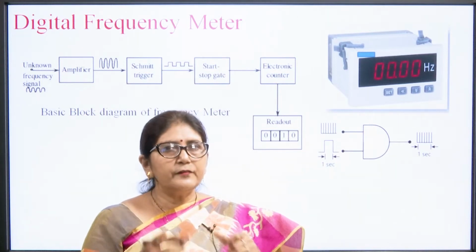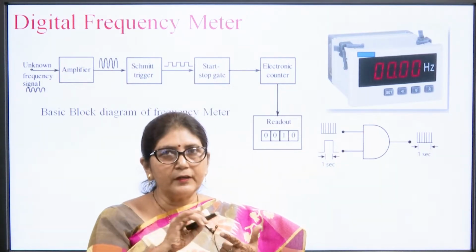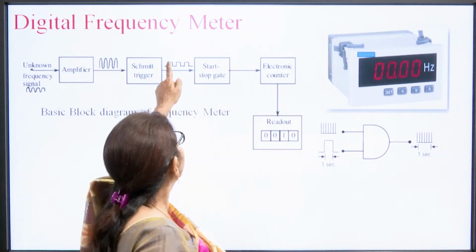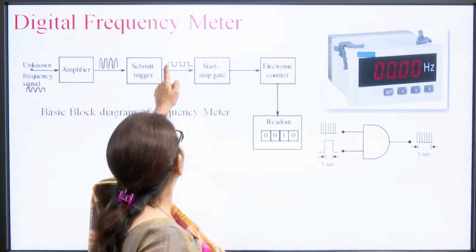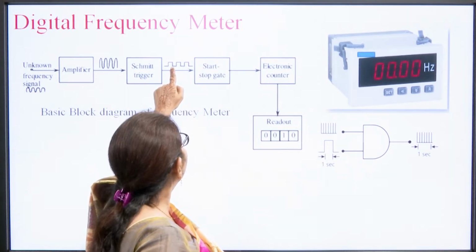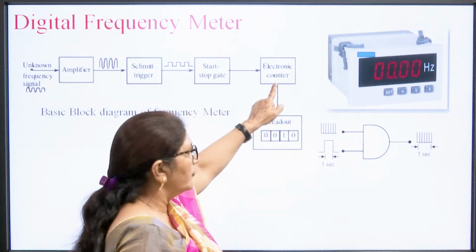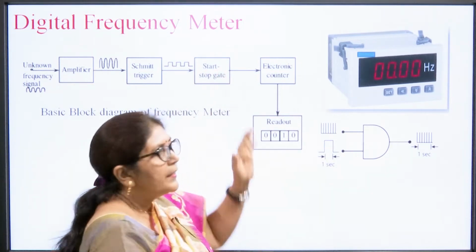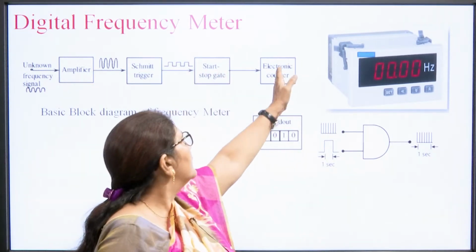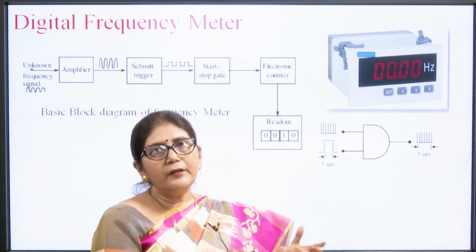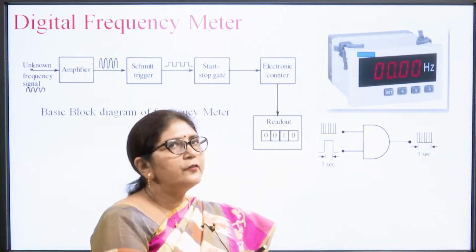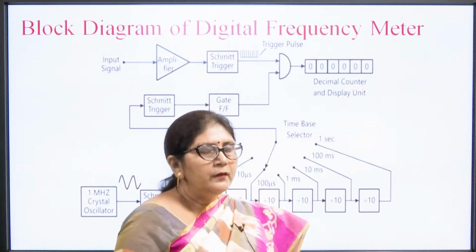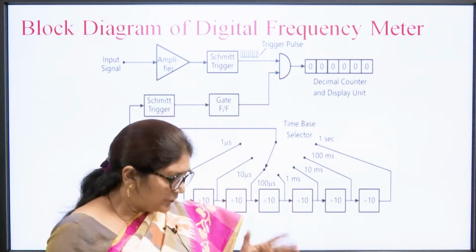So, the start stop gate starts counting when the leading edge of the signal appears. When the trailing edge of the signal appears, it stops the counting. Then the electronic counter counts it, and there is a 7 segment display device that displays the output this way. So, this is the block diagram of the digital frequency meter.